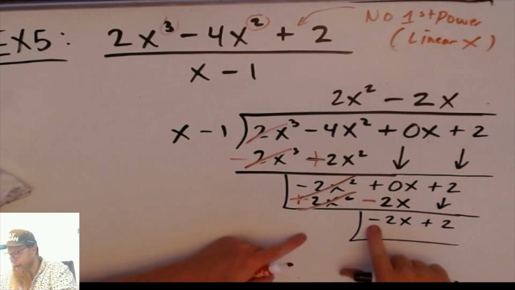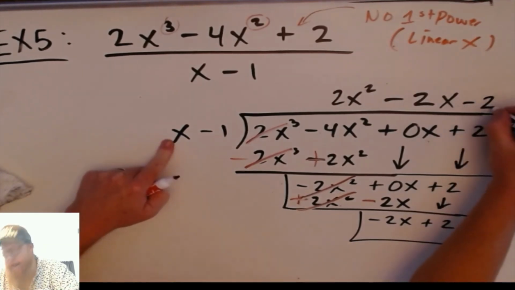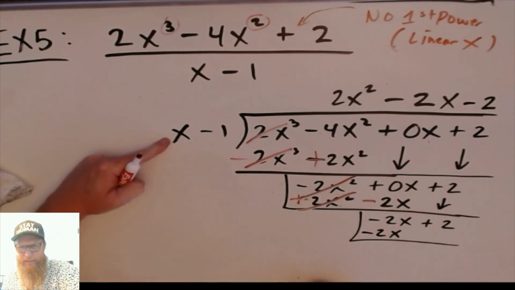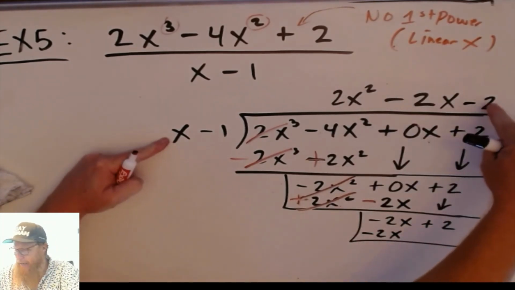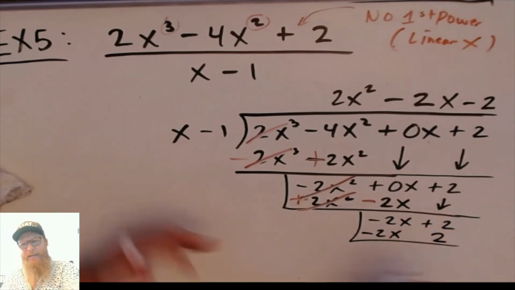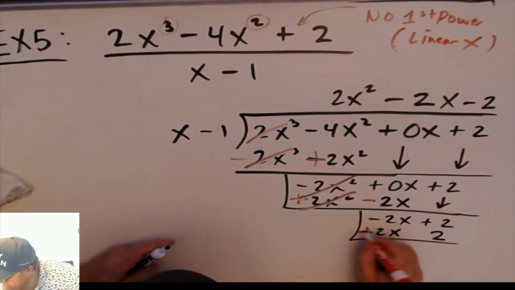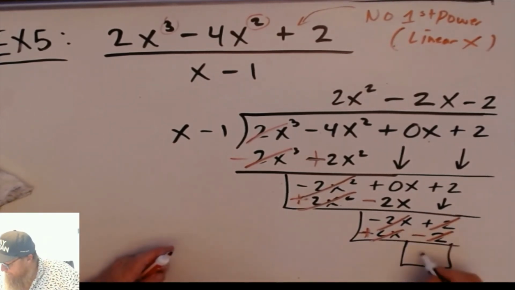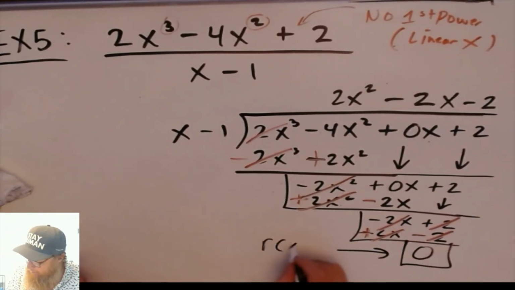So you got negative 2, again, times x is negative 2x again. That's coincidence. There's lots of 2's here. Negative 2 times negative 1 is positive 2. Change the signs. Everybody cancels. Remainder 0.